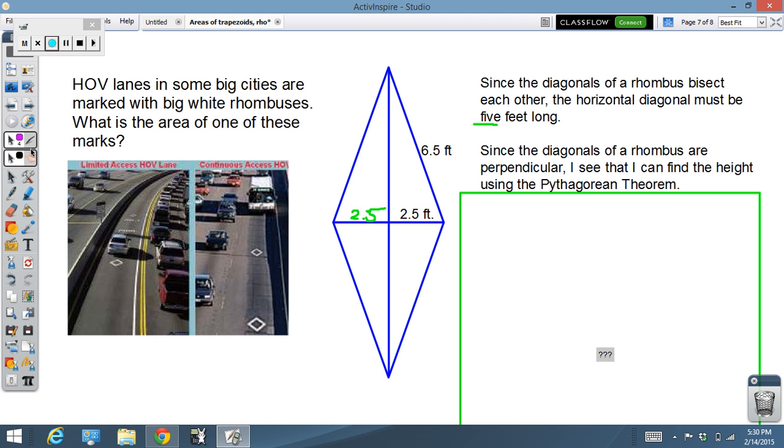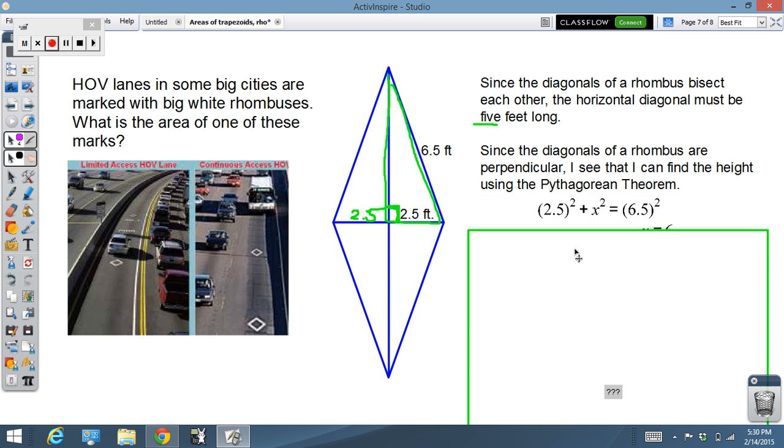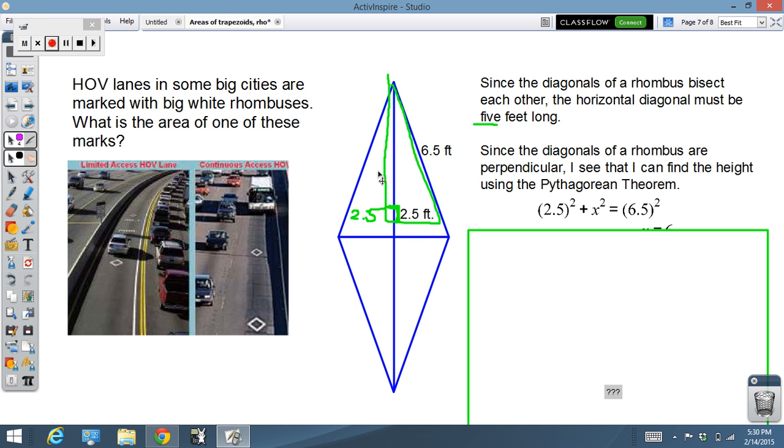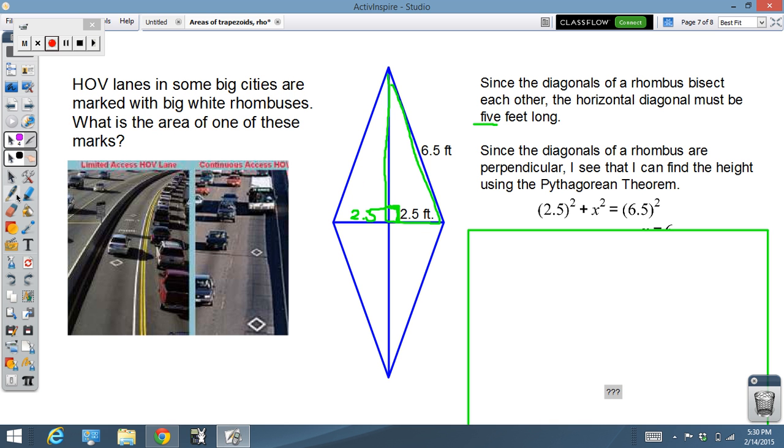Once again, we're going to go back and use our Pythagorean theorem because we have a triangle. It's got to be a right triangle because for a rhombus, diagonals must be perpendicular, right? So we'll use Pythagoras, which tells us that 2.5 squared plus x squared, I call this x, must be the hypotenuse squared, 6.5 squared.